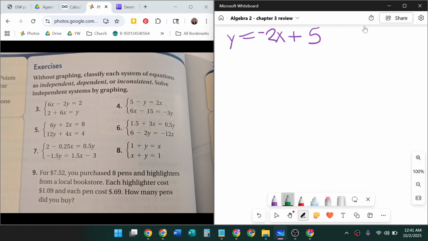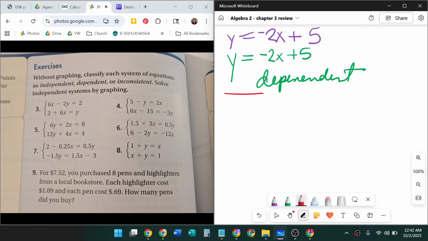And then the other equation has a negative 3y, so I'm going to put the y on the other side. And then I'm going to divide everything by negative 3, so that becomes negative 2x. That becomes positive 5. Aha, and look what we have. So number 4, these are dependent. They're literally the same line, just written differently.